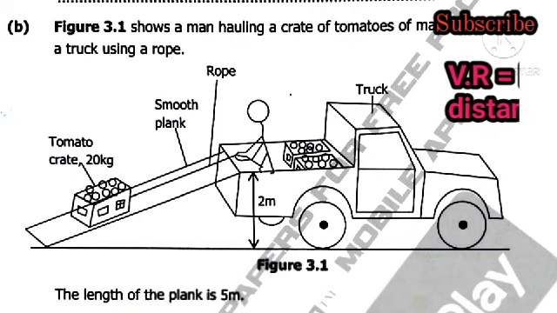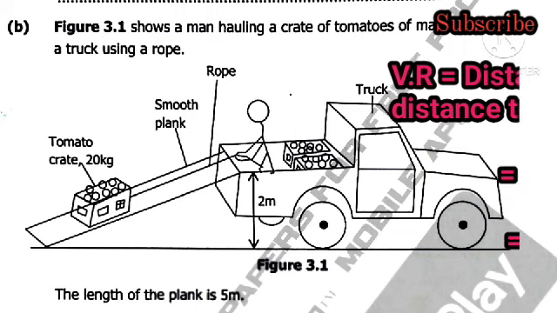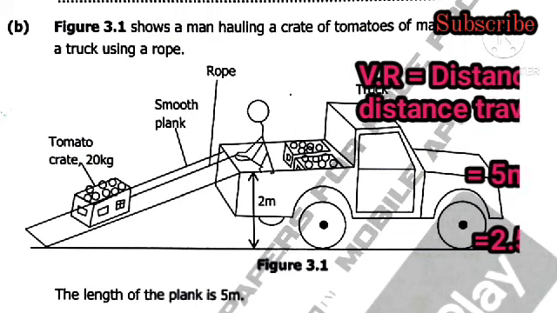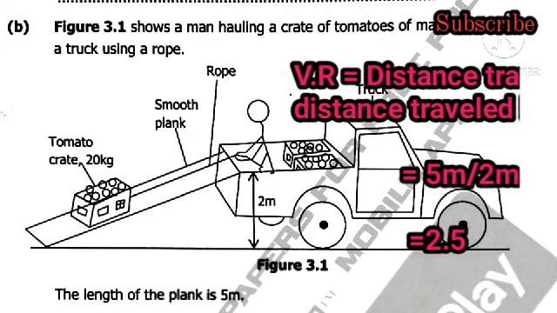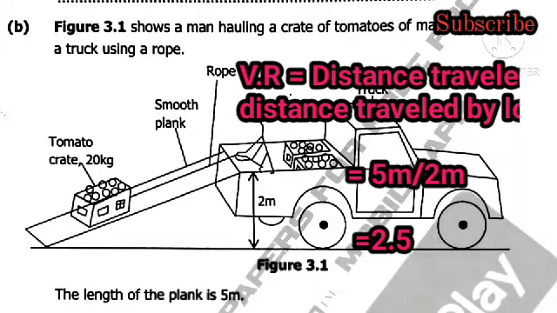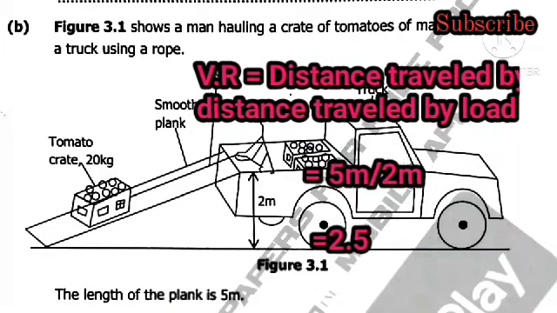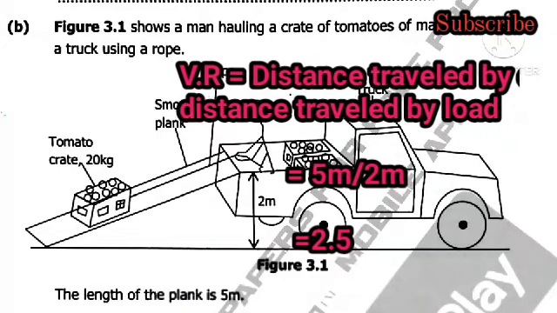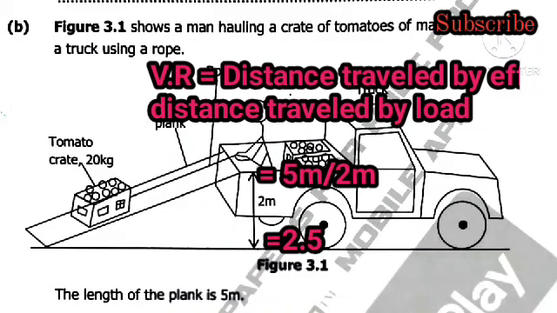So how do you know the distance traveled by effort? The distance traveled by effort is the hypotenuse. You see they have put the tomato crate there, which is the load. Do not be deceived. The distance traveled by the load is not the 5 meters. It is the 2 meters.